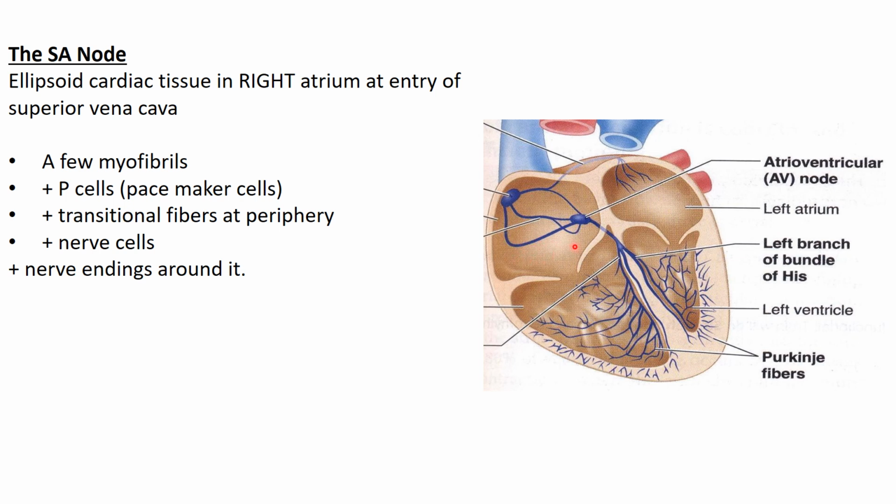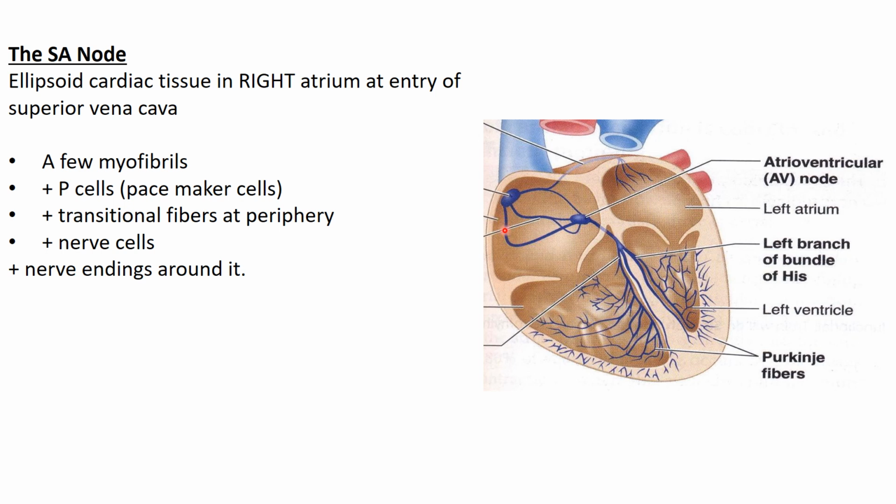This brown colored is the contractile element of the atrium, here and here, all over, and red color is the conducting tissue in the heart. This blue color here, all these we'll be discussing later on. So these are conducting pathways.